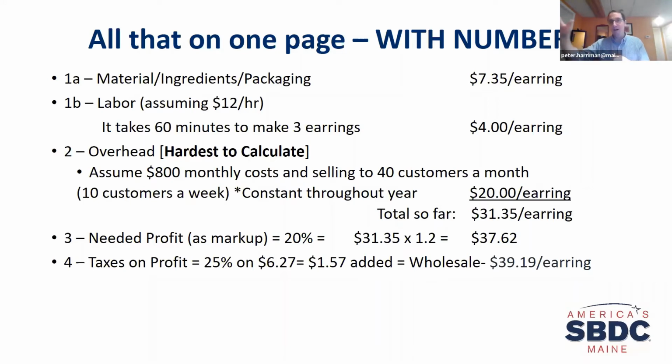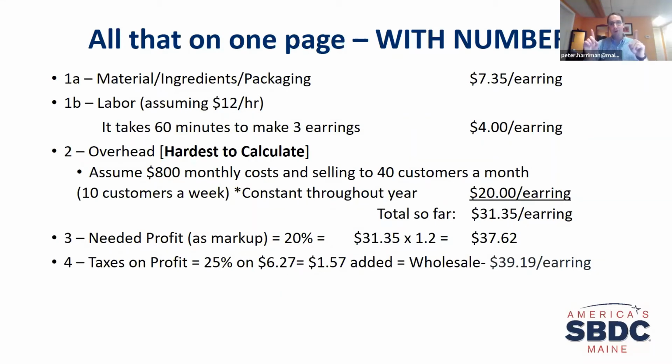Now, marketing strategy would tell you, okay, maybe I can get away with $39.99 rather than $39.19, right? Because people are used to $.99. But if you were selling directly to the consumer, that would be the price that you'd want to sell to get everything you want. Could you go up in price? Yes, maybe. That's the following steps of competitor research and what your clients are willing to pay.